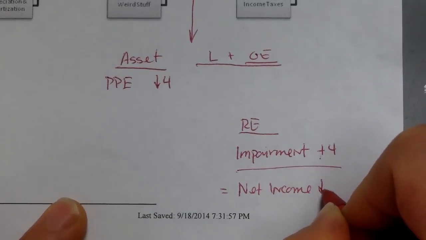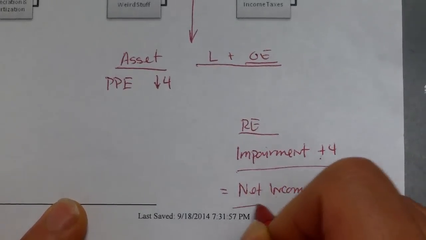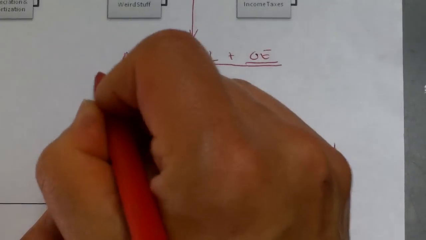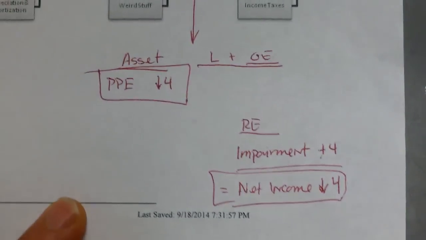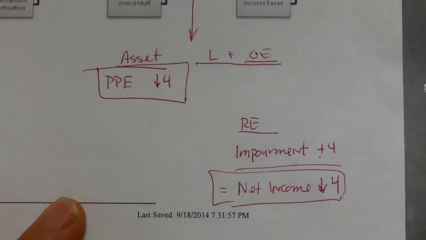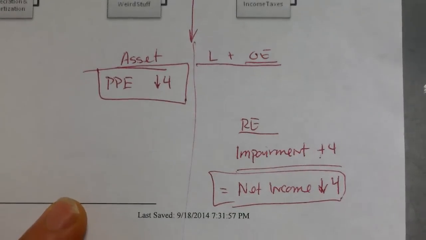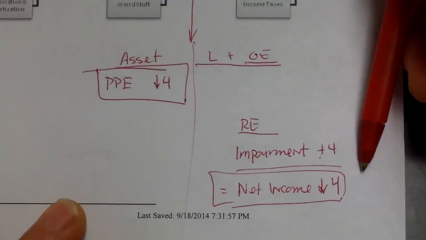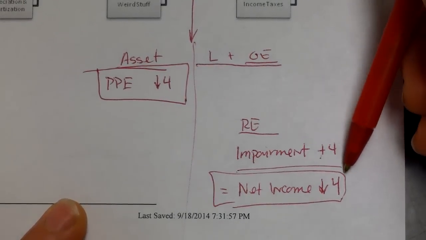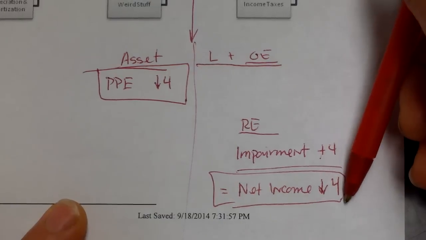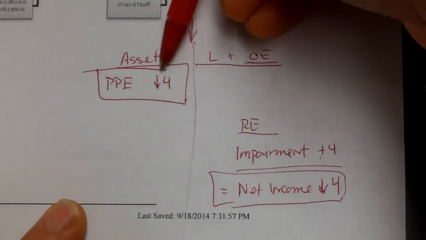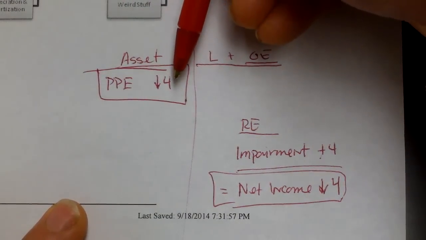Net income is going to go down by 4, and that's what's balancing out here and here, okay? Because remember, our balance sheet has to balance. So we impair our building by 4, net income goes down, so retained earnings is lower by 4, and it's matched by a decrease in PP&E by 4 here.